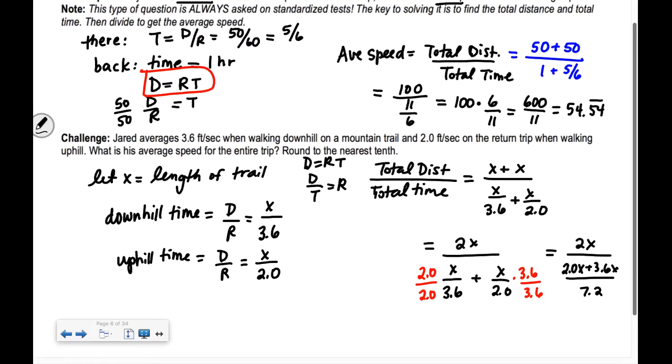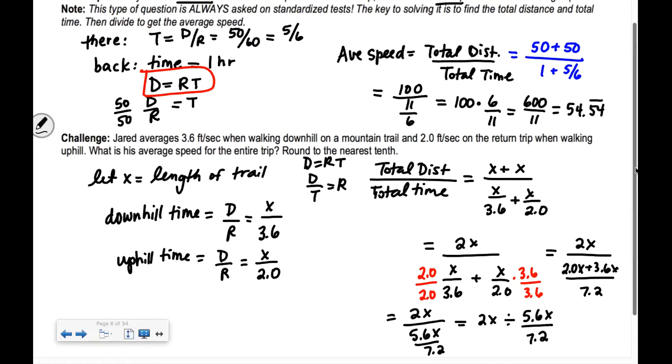It gets a little messy. So we have 2x over 5.6x over 7.2, and it seems weird, but the x's don't even matter. It didn't matter how long he was traveling on that trail.